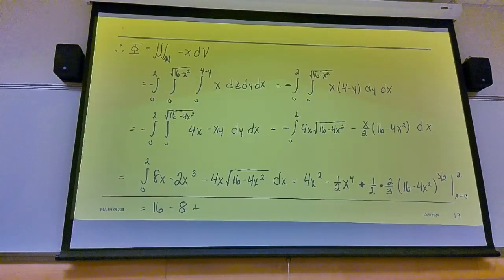That's the lower term, so it's going to be minus that. So 16 minus 8 minus 64/3. Eight minus 64/3 is going to be negative. So there's our outward flux, negative 40/3.